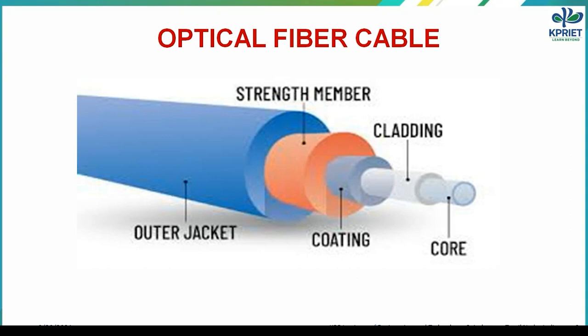Core is present at the center of the fiber and it is surrounded by the cladding layer. Even though both are made of the same materials, the difference lies in their refractive indices. The refractive index of core is always higher than the refractive index of cladding. The remaining 3 layers act as protective layers for core and cladding.